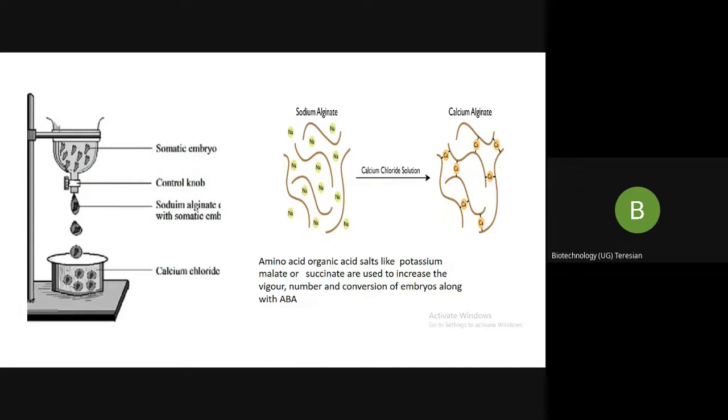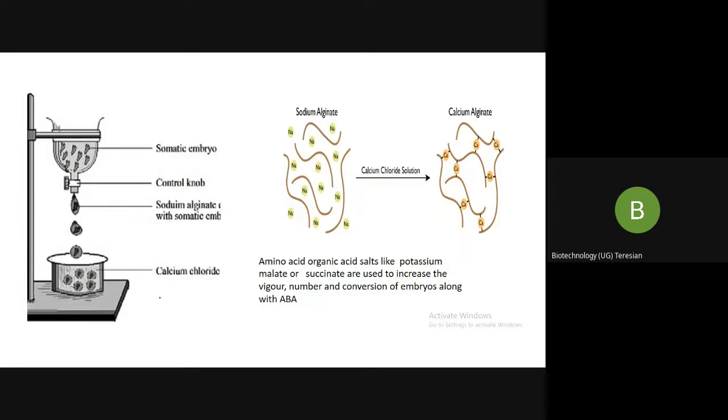Inside the sodium alginate we have added the somatic embryos, and through the funnel with the control knob you slowly control the flow so that each embryo is encapsulated individually. They are encapsulated in your sodium alginate and drop into the beaker containing calcium chloride.